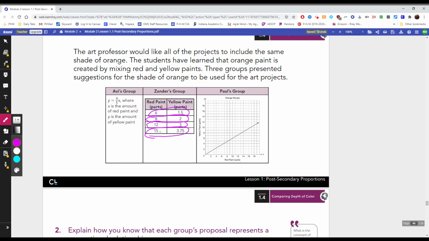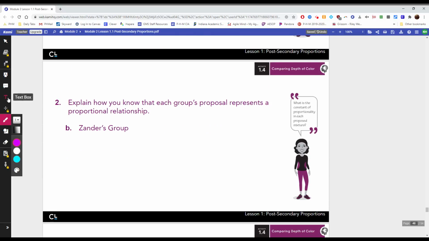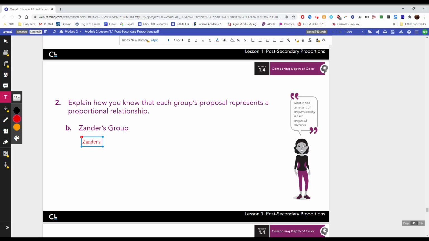So all of these actually do simplify to that same thing. So we know that there's a constant ratio. So Xander's group presented a table with a constant ratio, so it's proportional.